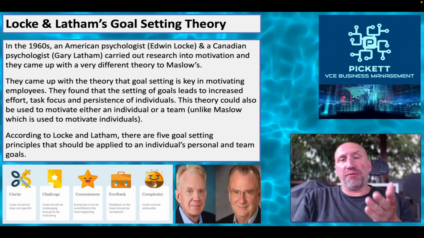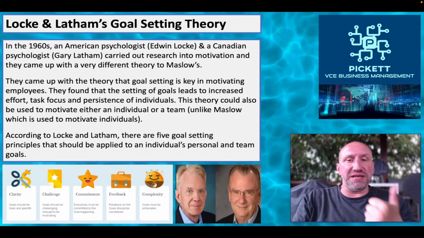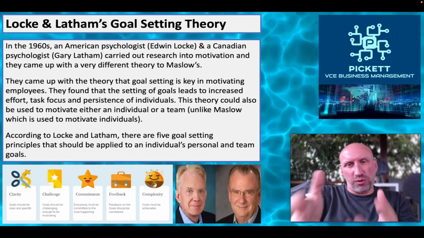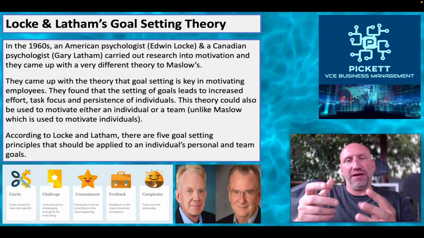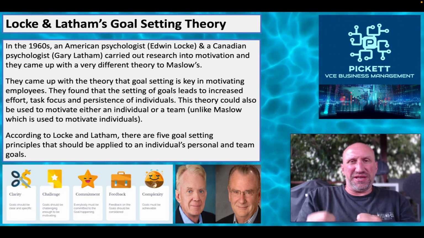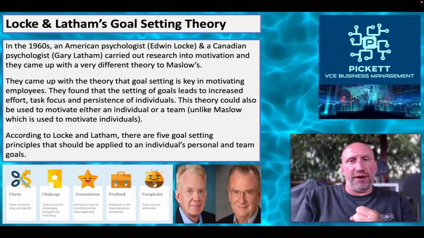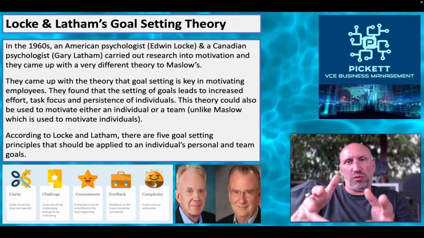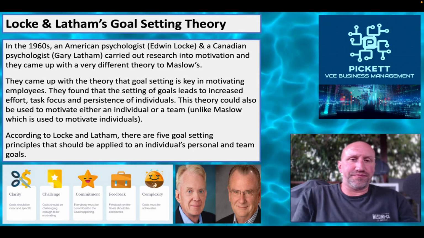They came up with a theory that goal setting is the key to motivating employees. So apart from being psychologists, they were already thinking about a work setting. This is one area where this differs. This isn't a basic human psychological theory as Maslow's was. This one really was already thinking about the workplace.